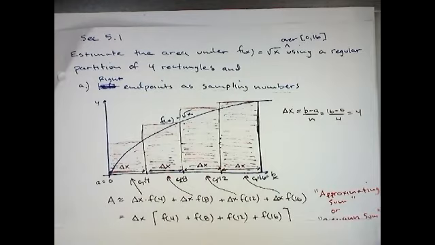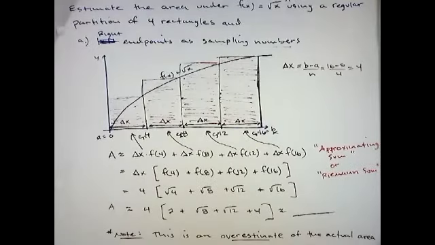Ultimately, we're interested in the area. So what is the area of a rectangle? It's just the width times the height. So for the first rectangle, its width is delta x, and its height is determined by f of 4. For the second rectangle, it's delta x times f of 8, and so forth. Now notice delta x is the same for all of these.